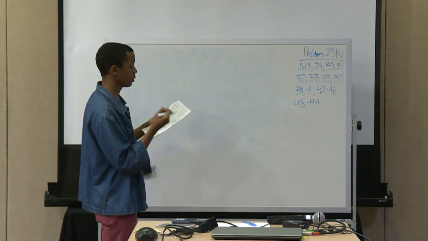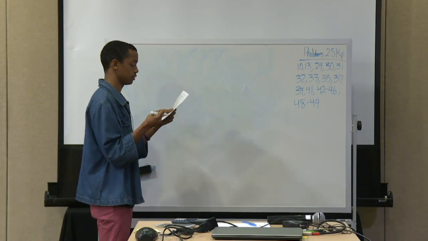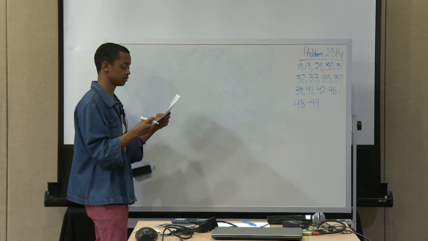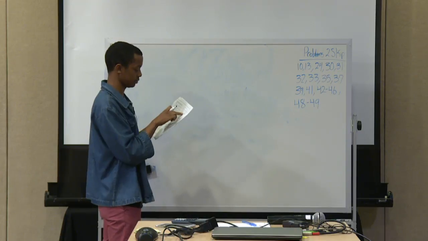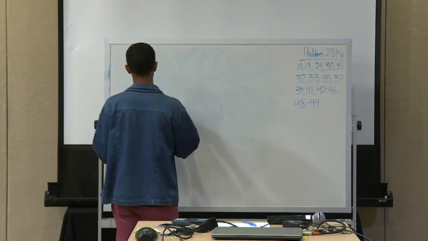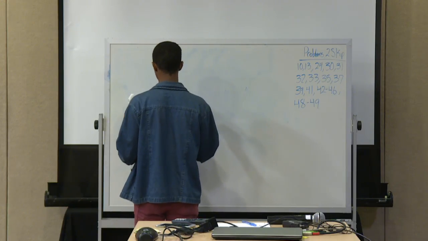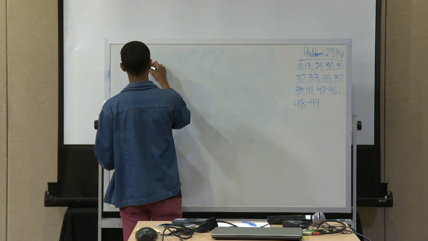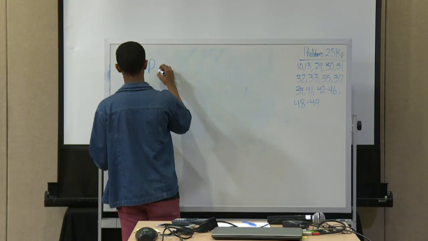In the products, I want to have P4O10 solid. Does one of them have that in the products? The second one does, right? So the second one has it. And how about this? I'm just going to write it out so you guys can see this.